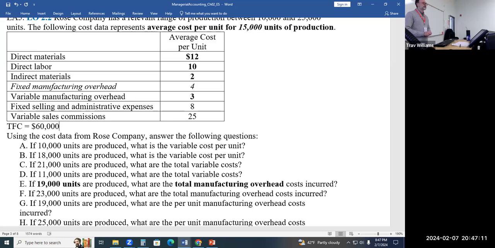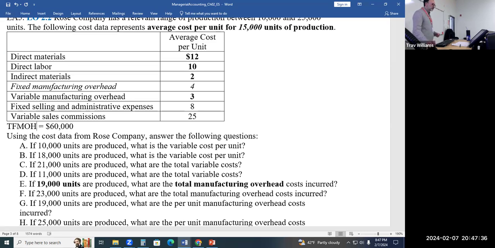Okay. So now that we know that, oh, I'm sorry, total fixed costs, that's not exactly right. This is the total fixed manufacturing overhead. Right, that's the cost we're talking about. So the total fixed manufacturing overhead is $60,000, right?